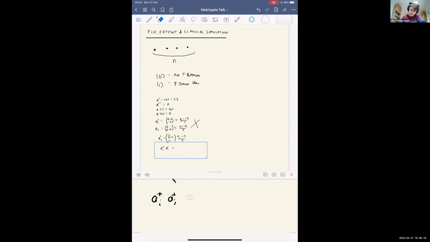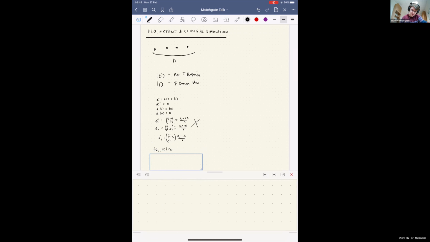And you can summarize all the commutation relations that we want in the following way. We want a_i, a_j to anti-commute for all i and j. We want a_i dagger, a_j dagger to anti-commute for all i and j.